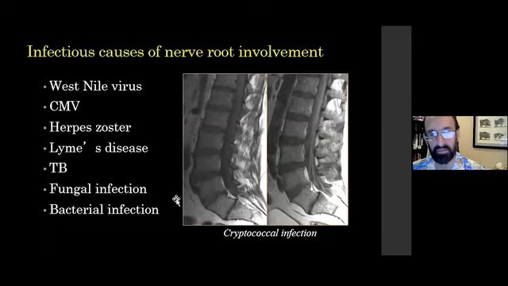And there are a lot of different causes of nerve root involvement, including infections. When we think of infections, we think about all these different viral infections. You can have tuberculosis, bacterial infections, fungal infections. This was cryptococcus with marked thickening and enhancement of the nerve roots.